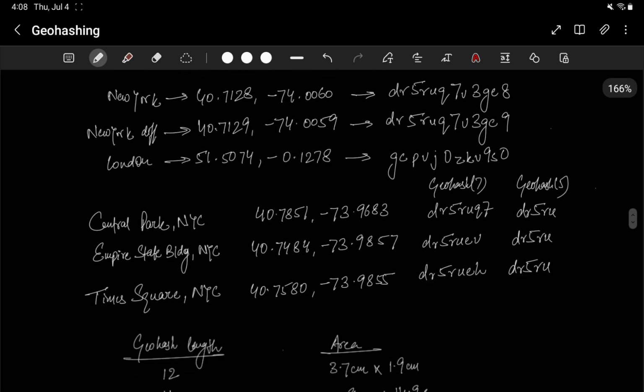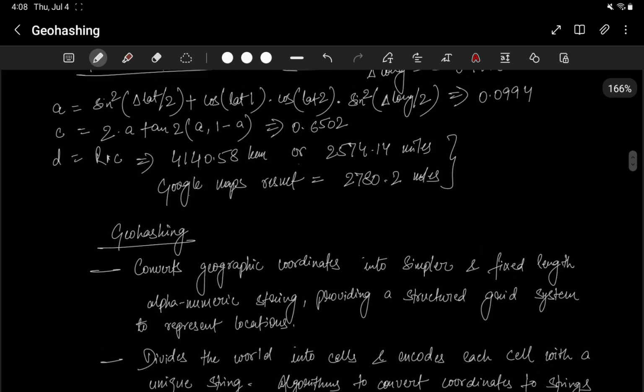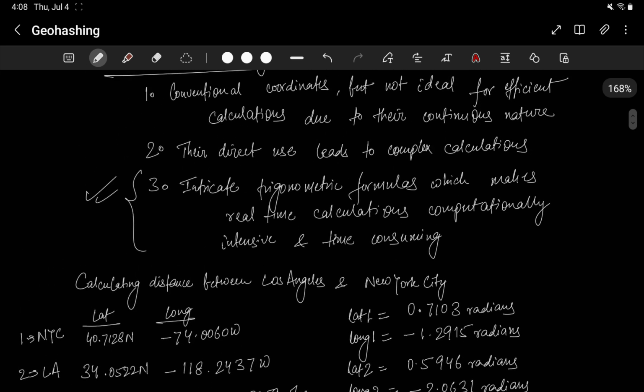Yes, one more thing which I told you about, that I'll come back to. It's this point: intricate trigonometric formulas. I think I told you before also. If the geohash is like this, DR5URQABCDEF, and now another is DR5URQABCDEG.